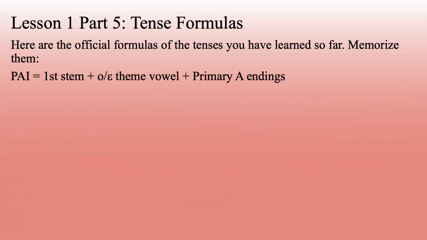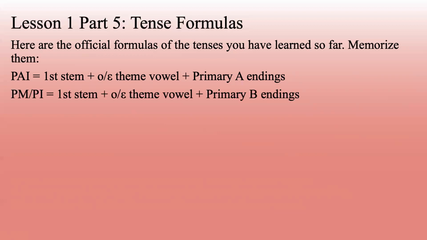And the reason we really need to split out that omicron or epsilon theme vowel is this: when we get to the subjunctive, the present active subjunctive is going to be first stem plus omega eta theme vowel plus primary A endings. So the only difference will be the theme vowels, which again, right now we're considering them part of the endings, and that's fine, but we just need to know that they're here so we can properly memorize this formula so that when we get elsewhere, we'll be able to recognize what's going on.